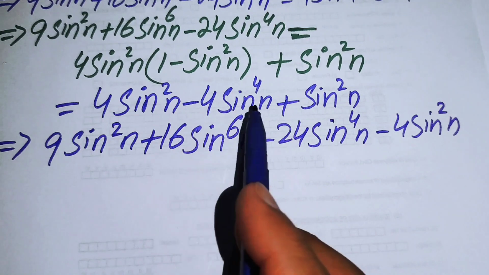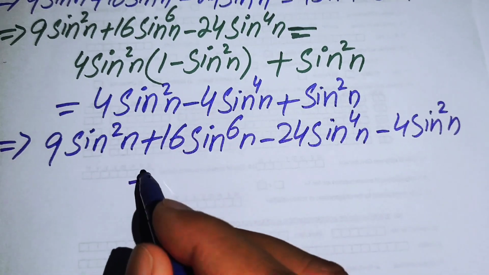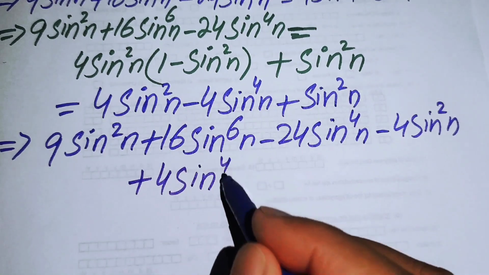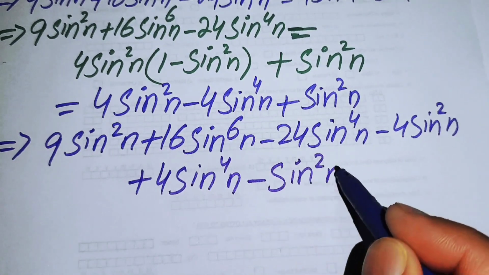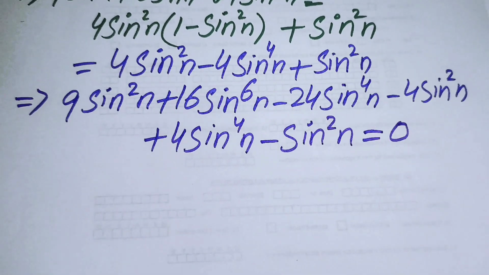And when we move this term, because this is negative 4 times sine to the power of 4, it becomes positive 4 times sine to the power of 4 of n, and this is also negative sine square of n, and this whole equation equals 0.